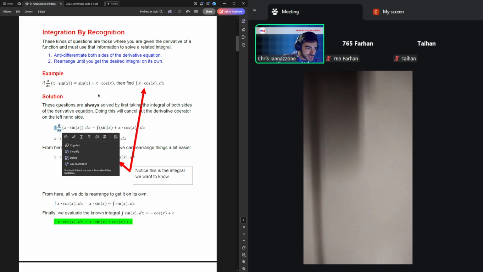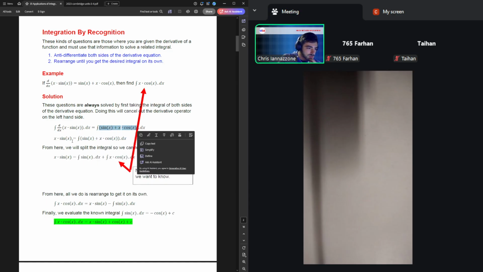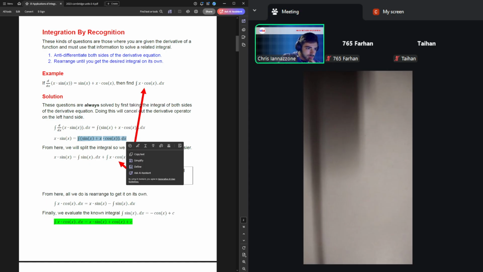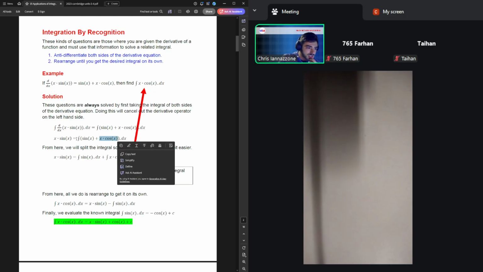Because they are opposites, the integral symbol and the derivative symbol are going to cancel out, leaving you with just the x sine x. And over here, there's not really much else to be done, at least as far as that line goes. What we'll notice is that this streak of integrals is kind of similar to this one here. We can see that we have x cos x trapped inside this integral, kind of like how we should have x cos x in an integral over here.